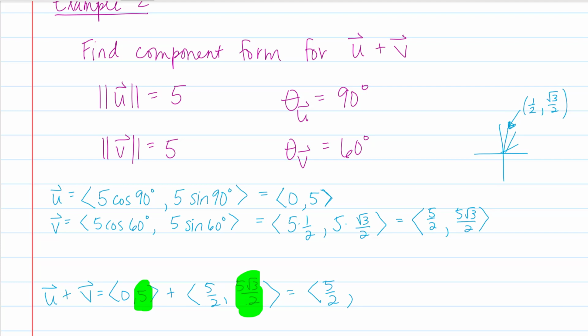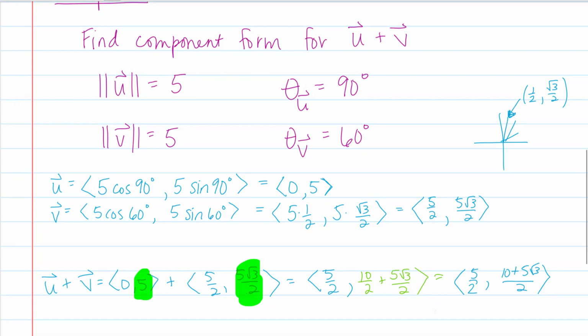So I'm going to write that next piece as 10 over 2 plus 5 root 3 over 2. So if I was going to leave this in radical form, I would write 5 over 2 and 10 plus 5 root 3 over 2.